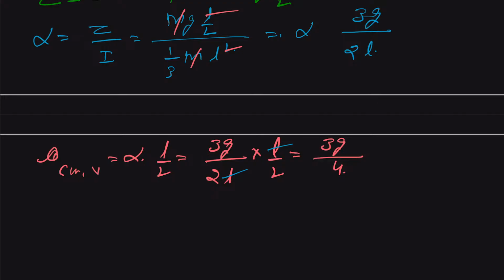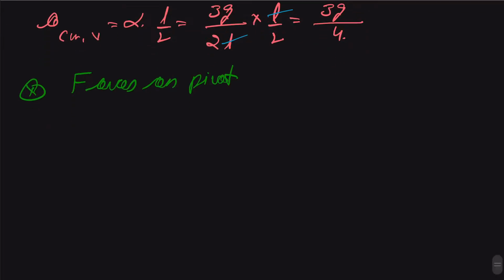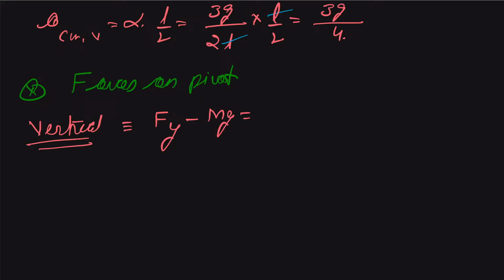And we come to the forces on the pivot. So first is our vertical, which we can write according to Newton's second law of motion: F_y minus mg is equal to m times a_CM in vertical.